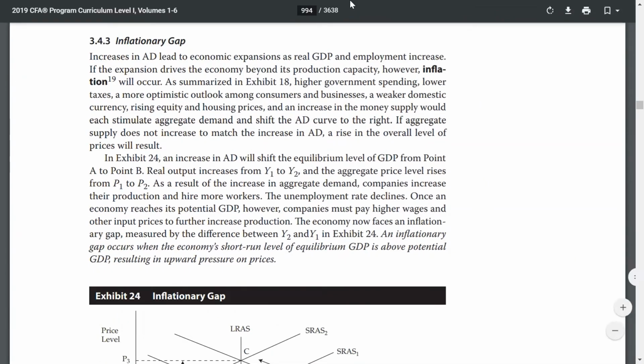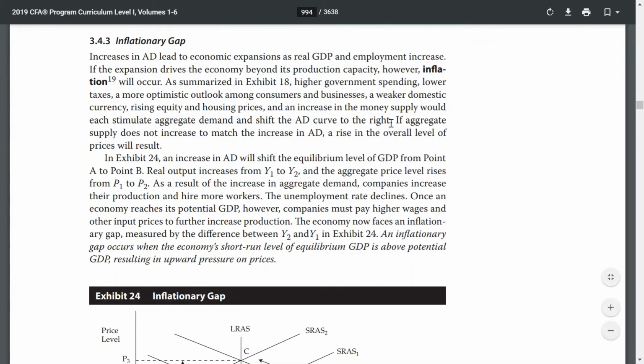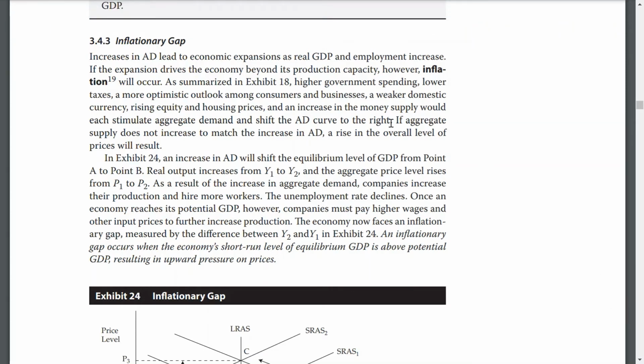inflationary gap. Increases in aggregate demand lead to economic expansion, and as real GDP increases and unemployment falls, the expansion may drive the economy beyond its production capacity. Then inflation will occur, as summarized in Exhibit 18. Higher government spending, lower taxes, a more optimistic outlook among consumers and businesses, a weaker domestic currency, rising equity and housing prices, and an increase in the money supply would each stimulate aggregate demand and shift the AD curve to the right.